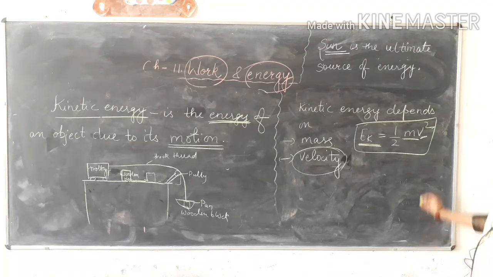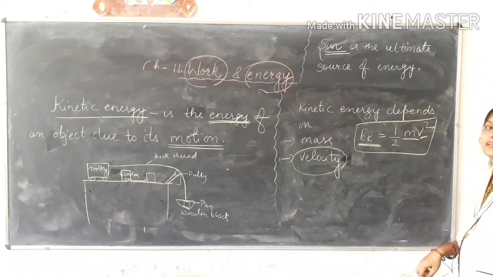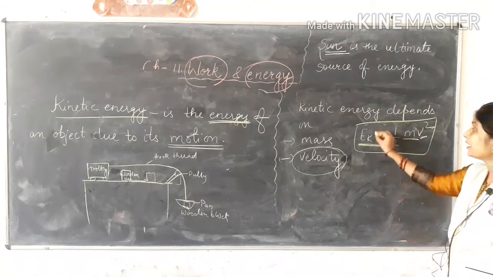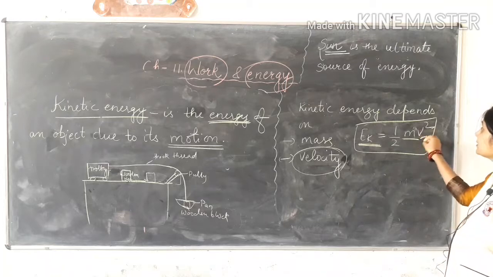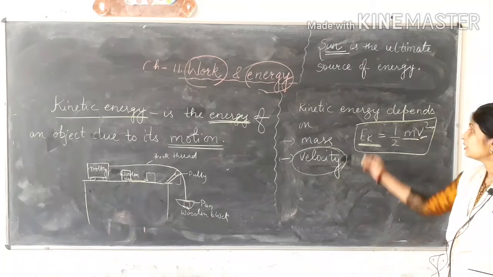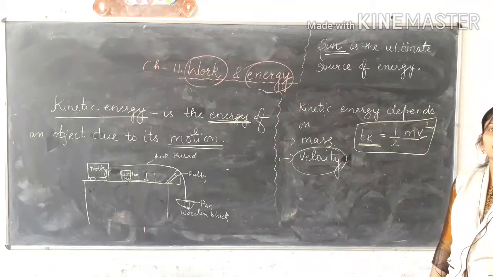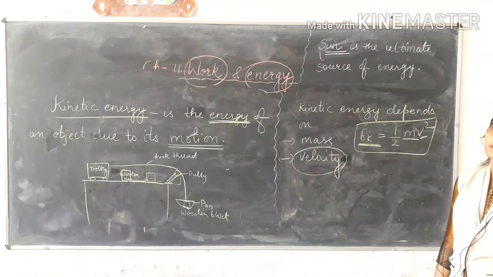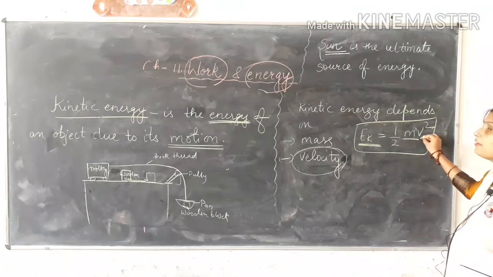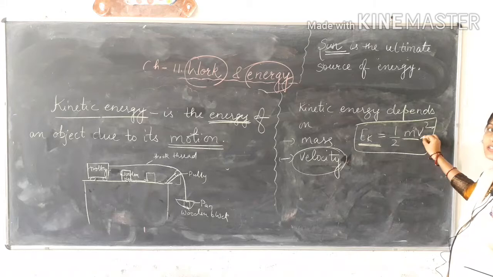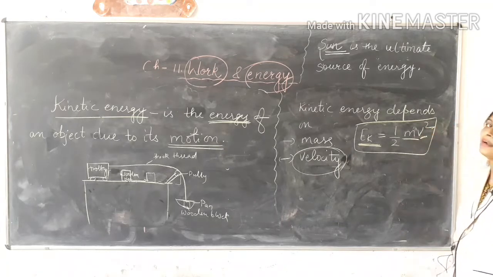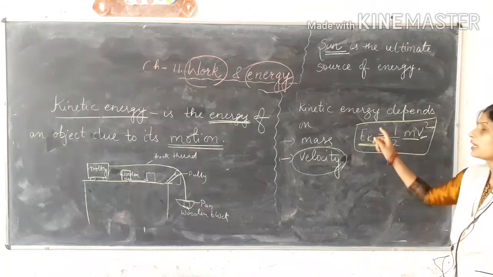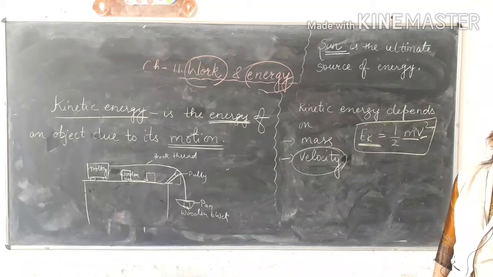It means if mass increases by 2 times, kinetic energy increases by 2 times. If it decreases by 2 times, then kinetic energy also decreases by 2 times. But if velocity increases by 2 times, then its square will be 4. So kinetic energy will be increased by 4 times.